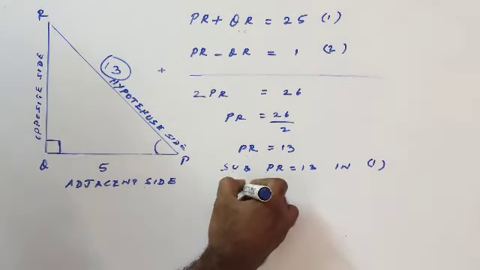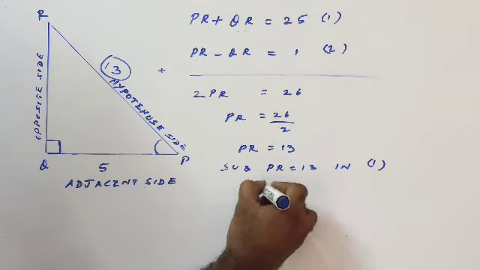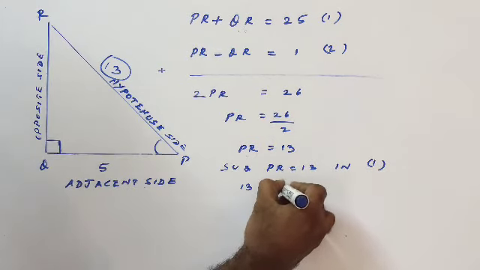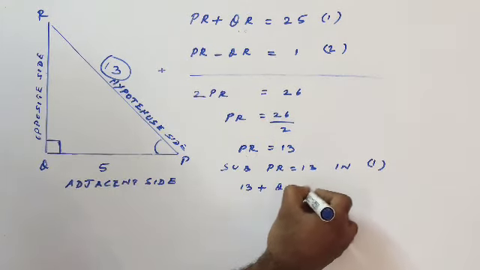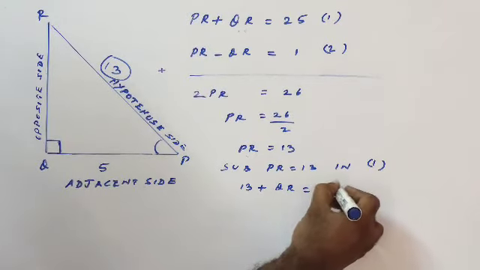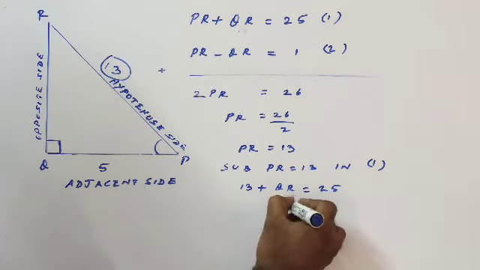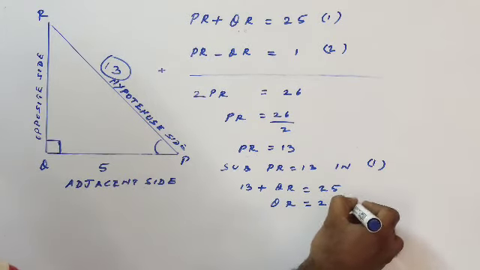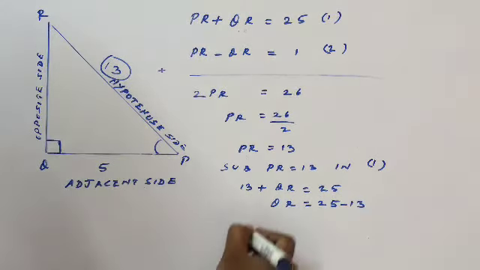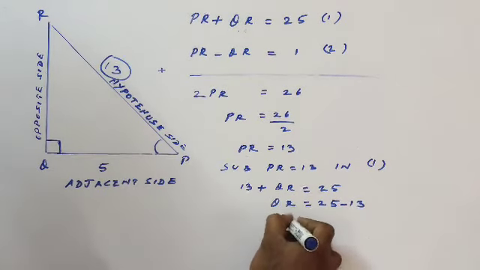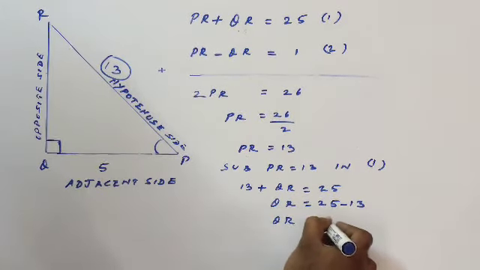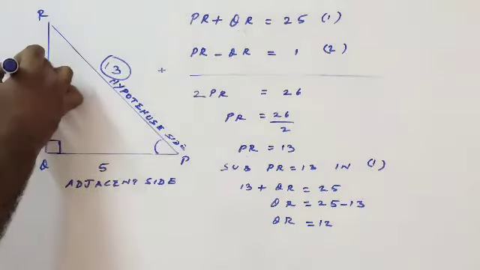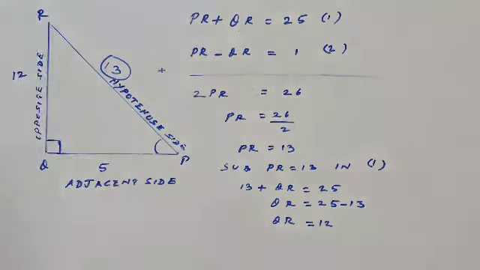So 13 plus QR equal to 25. So QR equal to 25 minus 13, that is 12. So QR equal to 12.